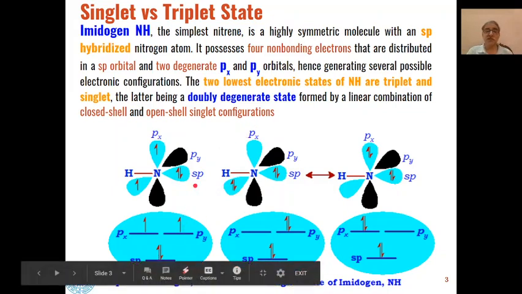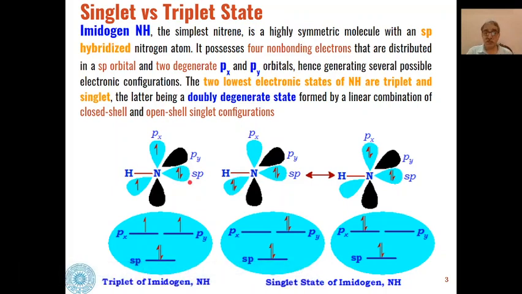So if we see the triplet amidogen, then we will have 2 electrons present in the sp hybridized orbital, and 1 unpaired electron present each in px and py orbitals.